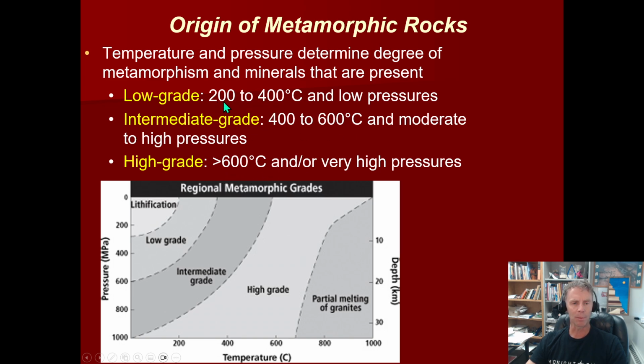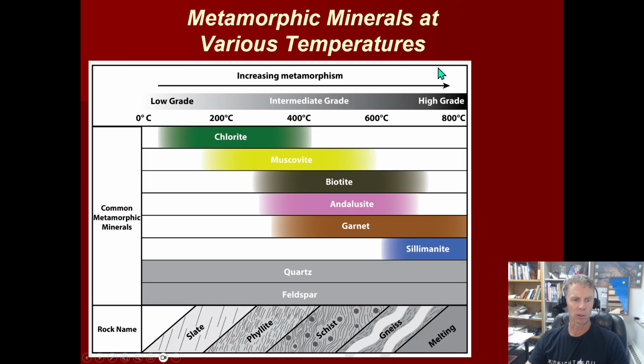And we can even sometimes work out what the depth was as well. So the minerals will record the temperatures that they form in, and then we can use that temperature to figure out the depth, or the pressures, that the rock formed in. So there's some really fun detective work that goes on that helps us determine the history of these metamorphic rocks.